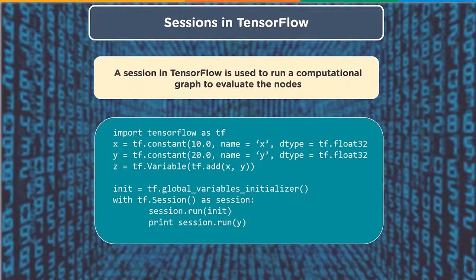We do x = tf.constant(10), y = tf.constant(20.0), and then z = tf.Variable(tf.add(x, y)). Once you have that set up, you init with tf.global_variables_initializer(). With tf.Session() as session, you can do session.run(init), and then print session.run(y). When you run this, you're going to end up with, of course, 10 plus 20 is 30.